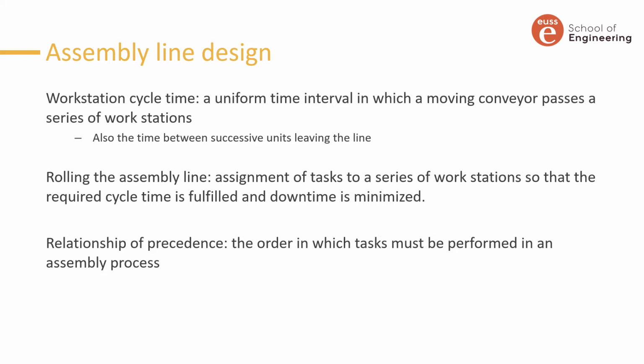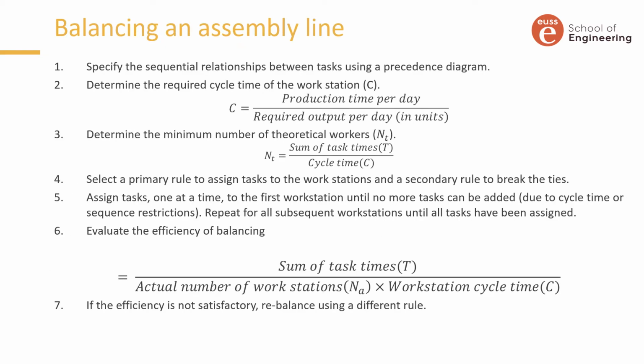Let's continue. When we are talking about the assembly line, and we talked about the three definitions in the previous slide, to balance this assembly line with the aim of improving the efficiency of the whole assembly line, we need to assign different tasks to each workstation.